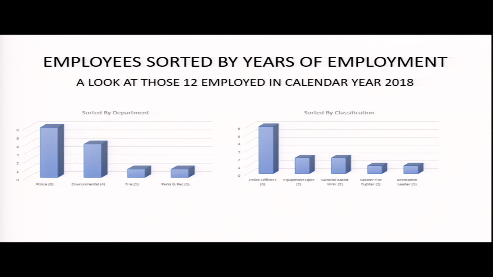I broke those down by department and then by actual classification. Six of those 12 came to work for you as police officers in the police department. And then you can see the distribution of those others.